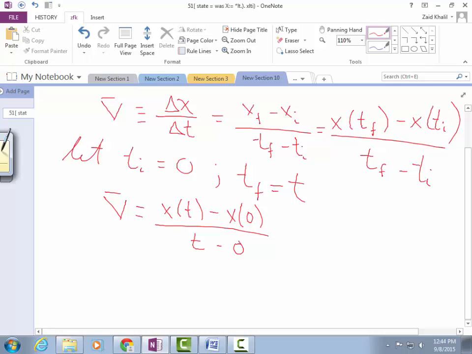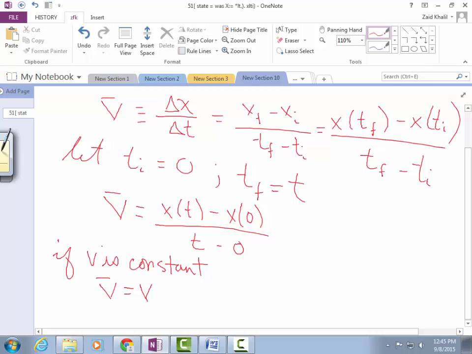So what happens if an object moves at a constant velocity? Well, if something moves at a constant velocity, what can you say about the average velocity? It would be constant and equal to whatever velocity it had. So if v is constant, then v bar equals v.